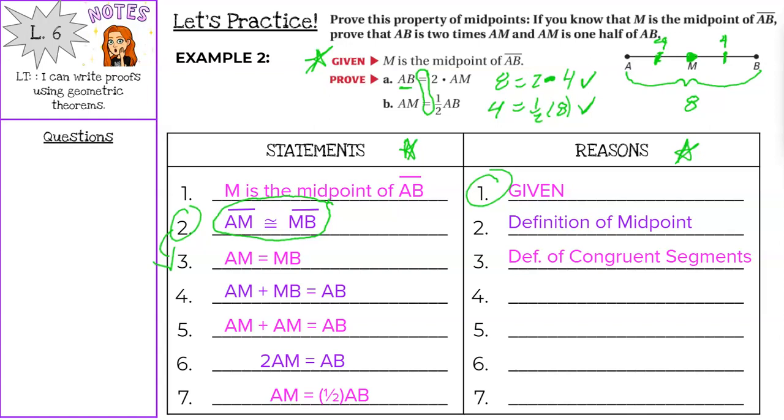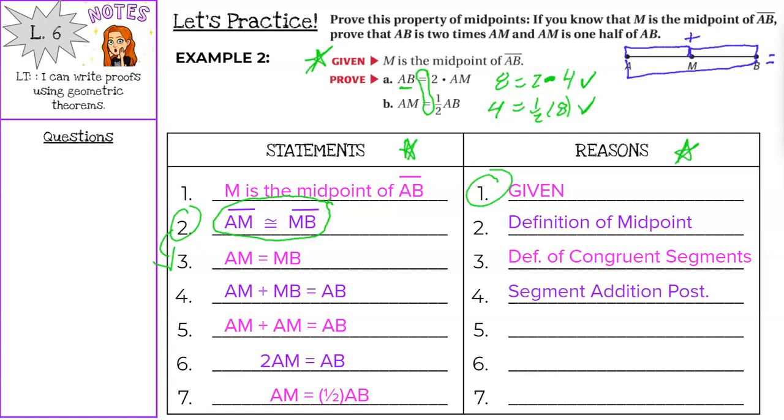Now we have AM plus MB equals AB. So I'm going to go back up to the diagram, and AM plus MB, these two added together equals this whole thing. And remember, if we do that, that's the segment addition postulate.